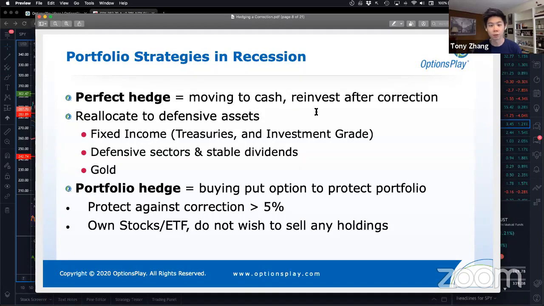You can also think about defensive sectors like staples, utilities, telecoms, and specifically stocks with fairly stable dividends. The only thing I want to be careful of is that you might find a lot of stocks with very high dividend yields, such as energy, yielding 4 or 5%, many significantly higher than that. But keep in mind that when you think about dividends in a recession, the important piece is stable dividends, not just high dividends.